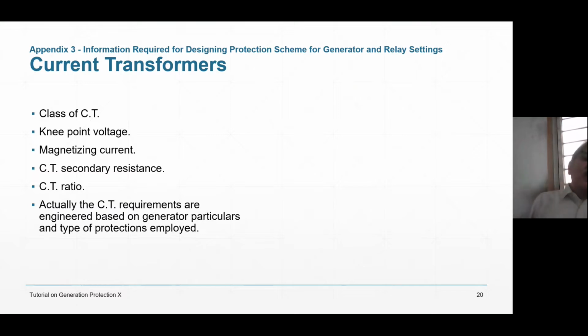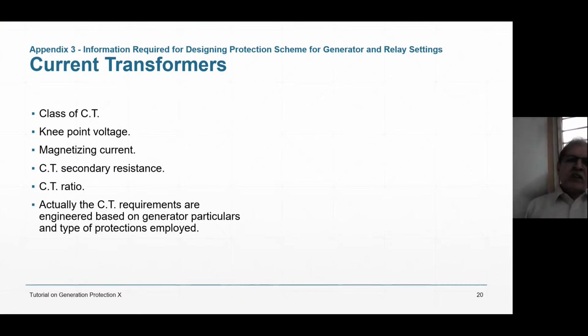For the current transformer, you have to ask the class of CT, knee point voltage, and magnetizing current at full kPV, at half kPV, and at 1/4 kPV. CT secondary resistance, and the CT ratio. These many things are a must, but other requirements are engineered based on generator particulars and the type of protections employed.